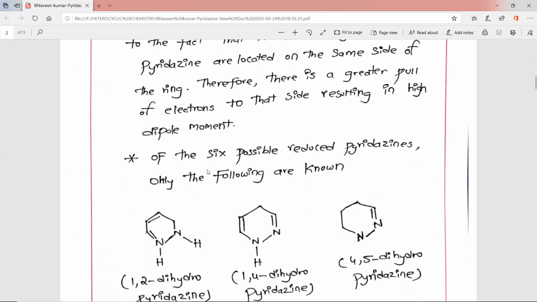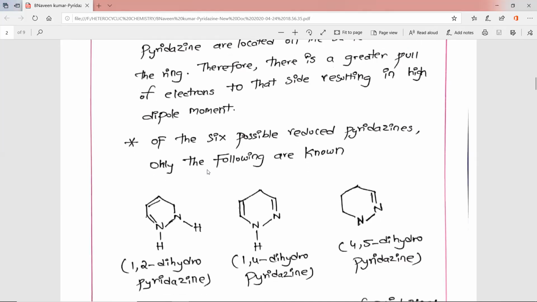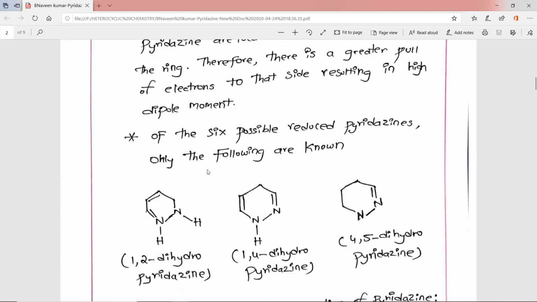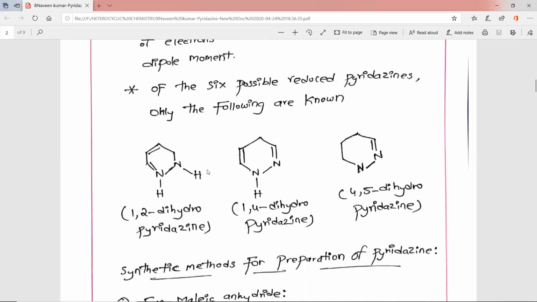And the three double bonds that are present in the ring can be hydrogenated to form 6 possible reduced pyridazines. However, only 3 of them are known. So this is 1,2-dihydropyridazine. So the double bond present here has been hydrogenated, and this is 1,4-dihydropyridazine. So positions 1 and 4 are hydrogenated.